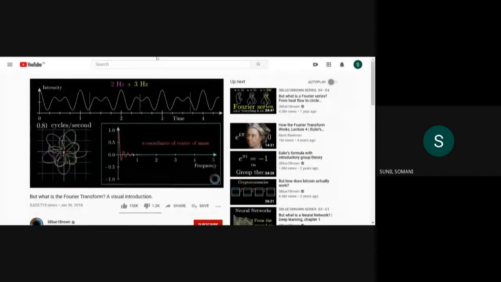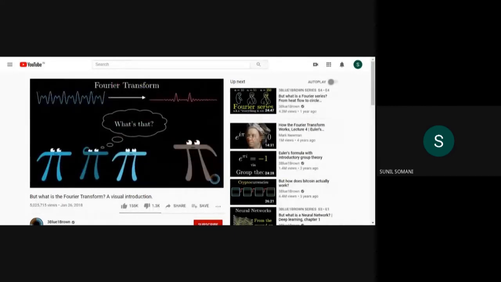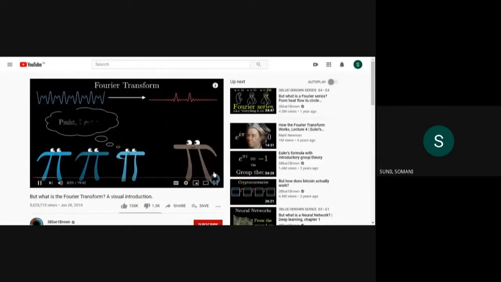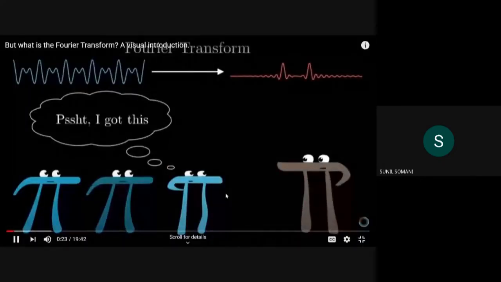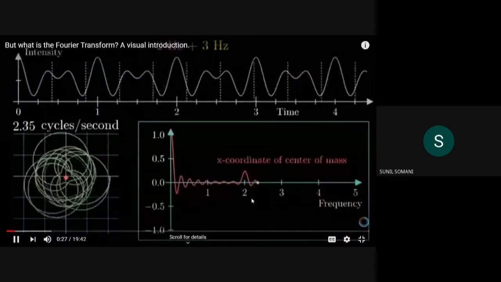a certain animated approach to thinking about a super important idea from math, the Fourier transform. For anyone unfamiliar with what that is, my number one goal here is just for the video to be an introduction to that topic. But even for those of you who are already familiar with it, I still think that there's something fun and enriching about seeing what all of its components actually look like.